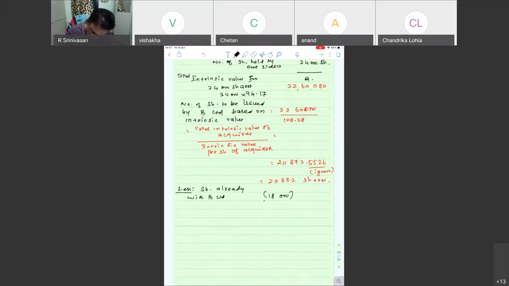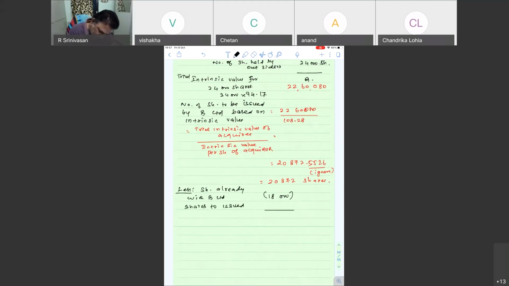So the balance shares to be issued is 2,872 shares. 2,872 shares will be issued.